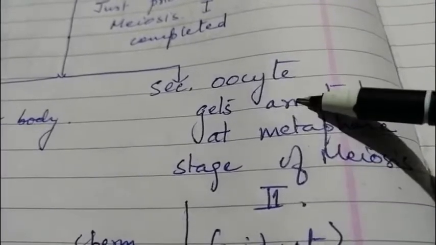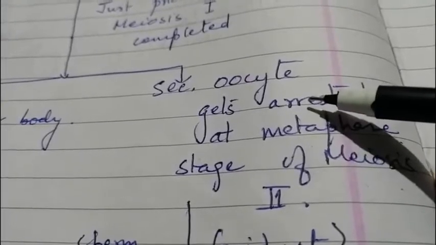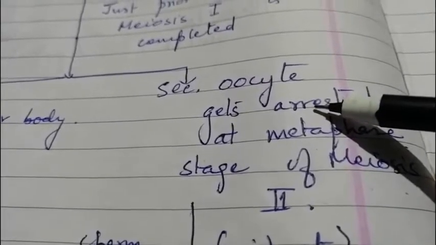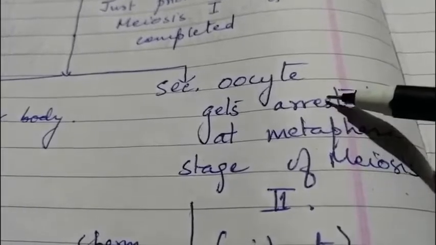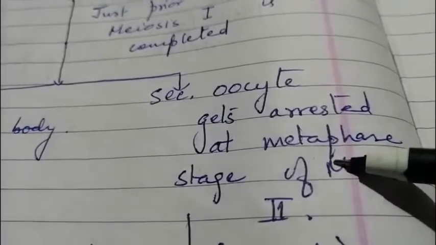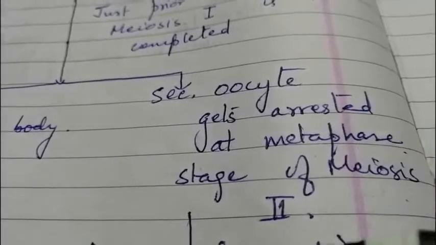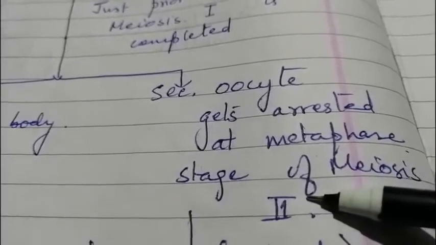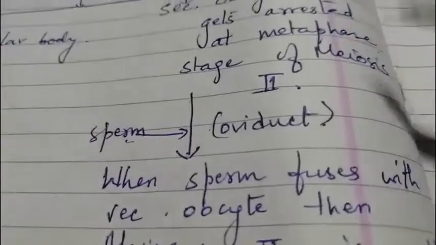You know that meiosis occurs in two phases, that is meiosis 1 and meiosis 2. In meiosis 2, at the metaphase stage, that is metaphase 2, it gets arrested. And when will this arrest be over?